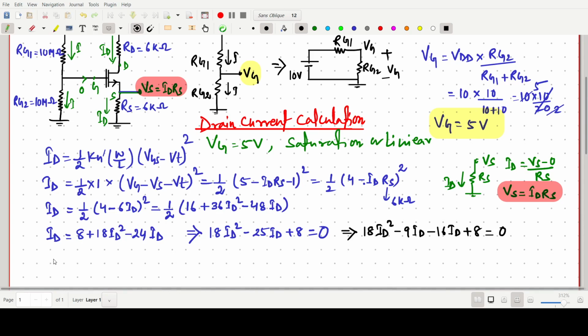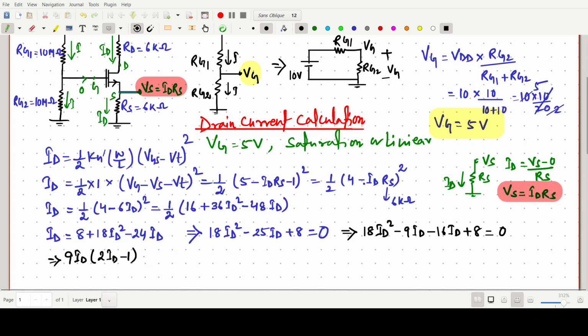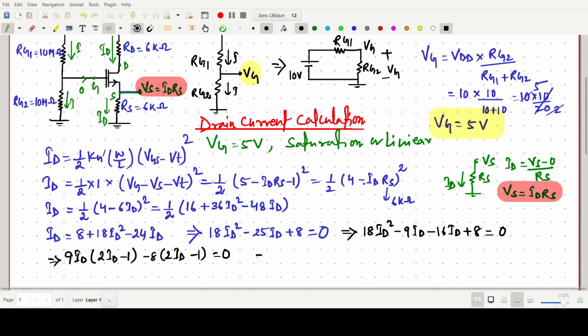So now, if we take 9 ID common, it should be twice ID minus 1, then take minus 8 common, then twice ID minus 1 equals to 0. So there will be two roots. So one more line we have to write: (9 ID minus 8)(twice ID minus 1) equals to 0.